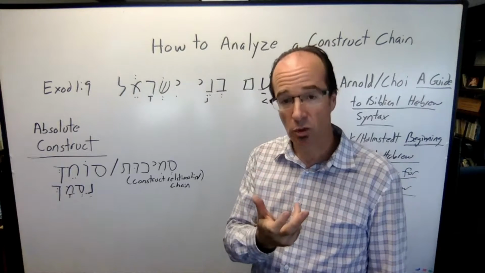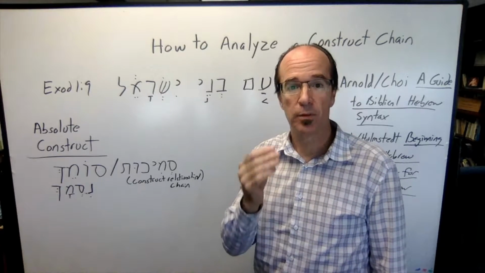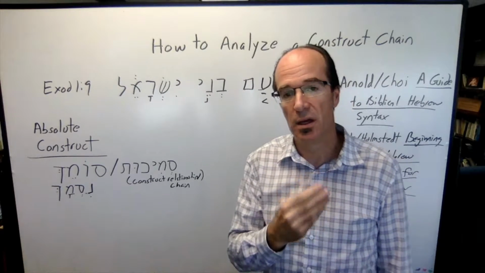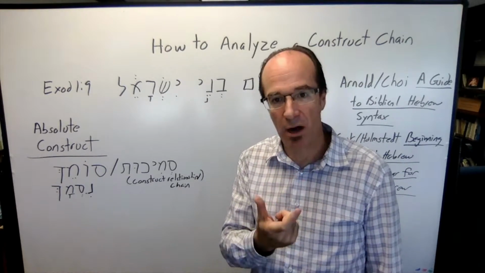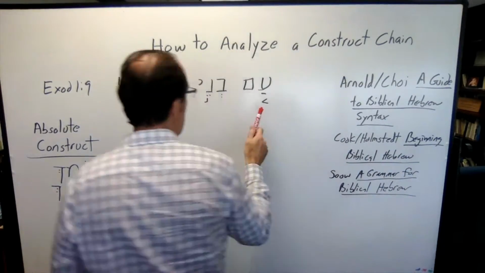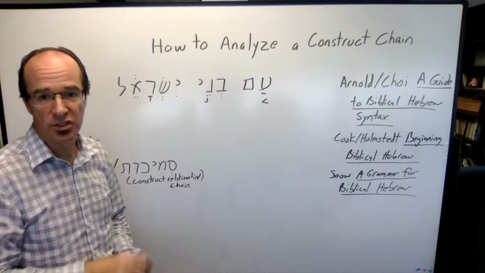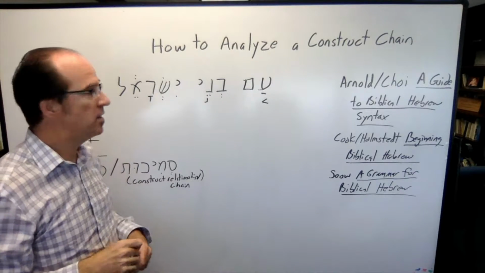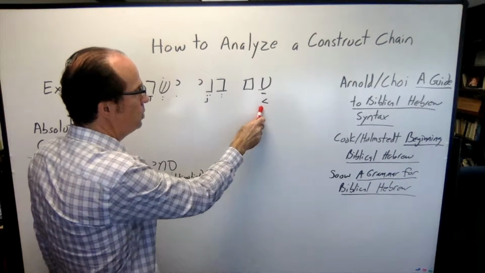I'm going to use traditional language now, so I'm going to be talking about construct, absolute. Again, if you learn Cook-Holmsted, he'll use the language of bound forms. So what I want you to see is this is a complex construct chain, and what I mean by that is we have two nouns.